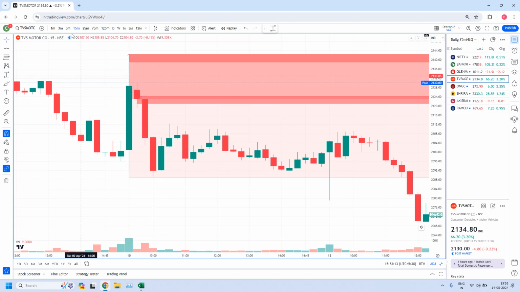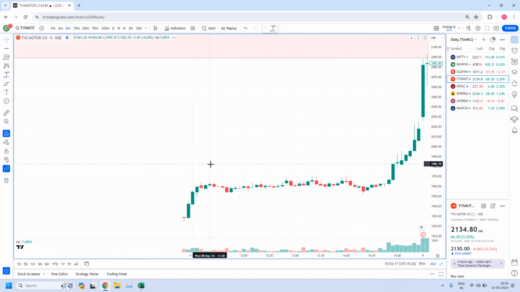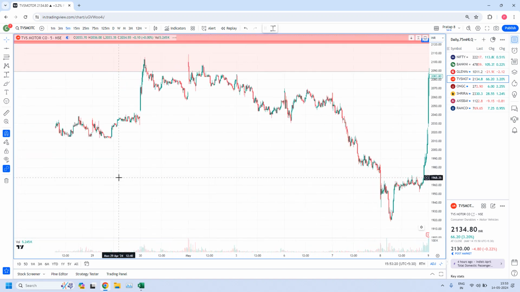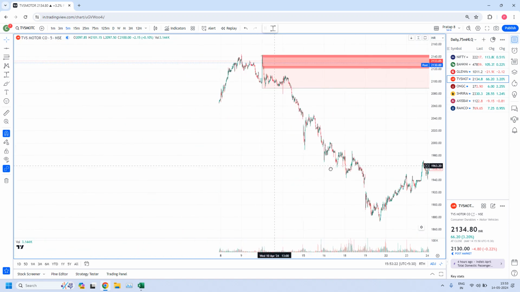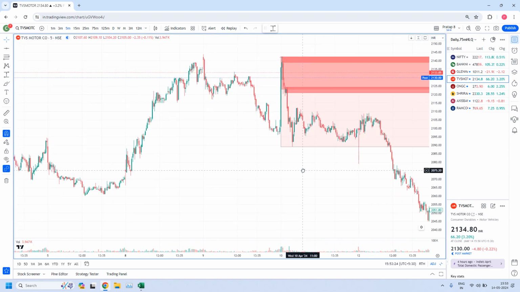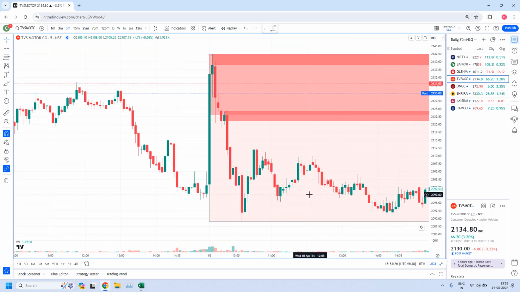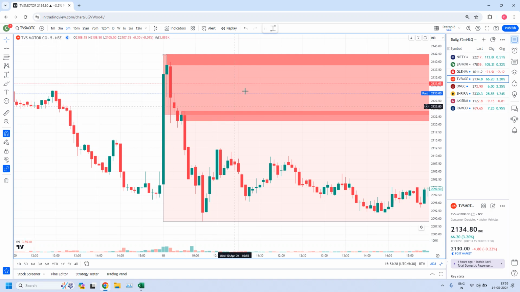Okay, now again fine-tuned with the 5 minutes time frame. Here, these are all aggressive trades, please remember. Which one? This entire zone, the 75-minute zone. So we have a rally base, the entire 15-minute zone.